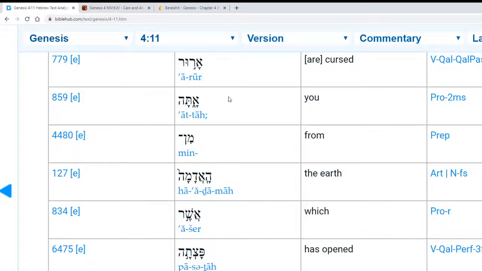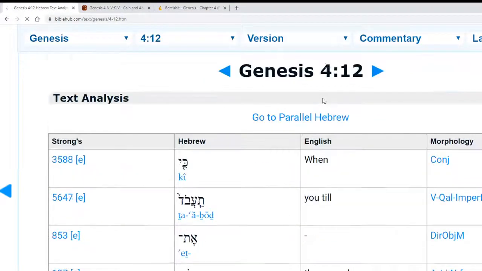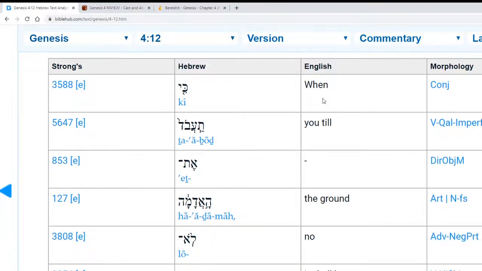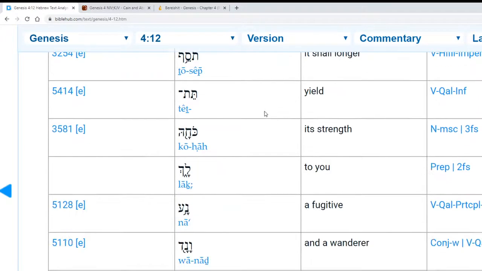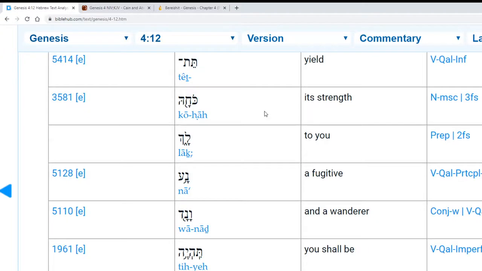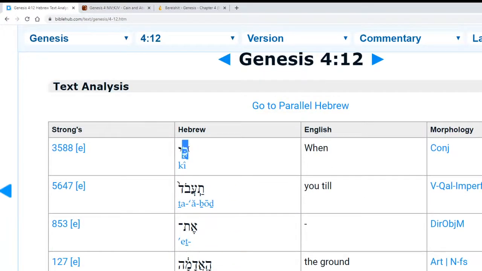Okay, verse 12. Ki ta'avod et ha'adama lo tosef tet kocha lach na vanad tihye va'aretz. Okay, interesting. Ki, right? Well, they're saying when.